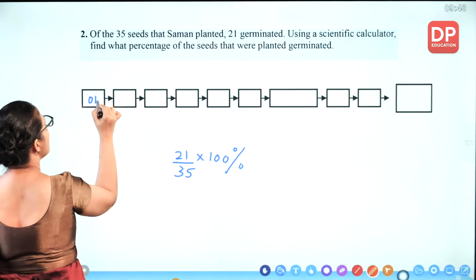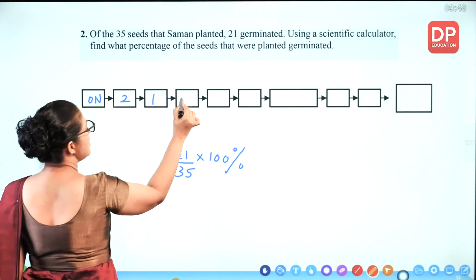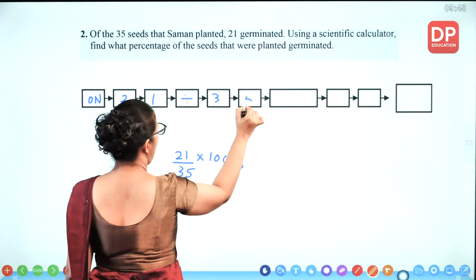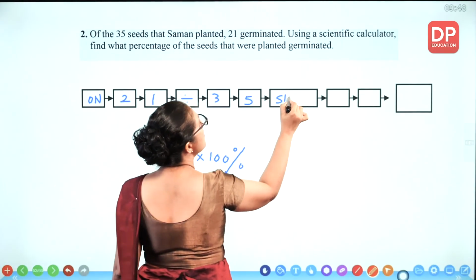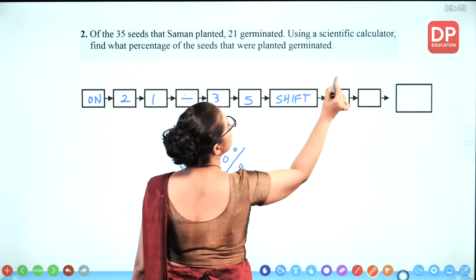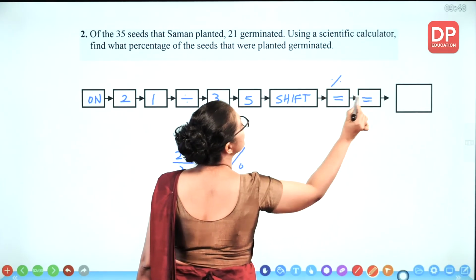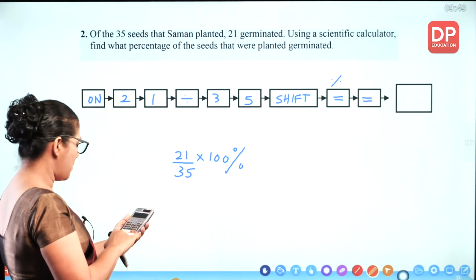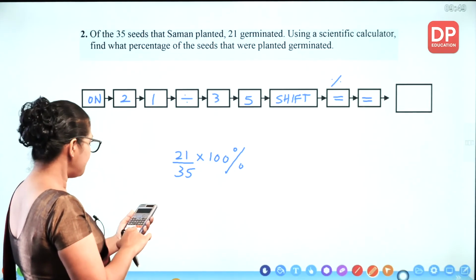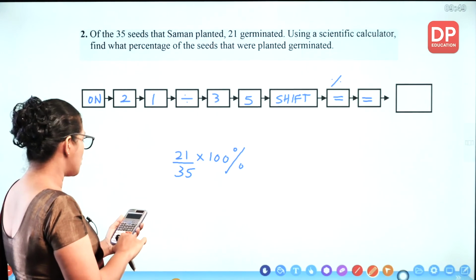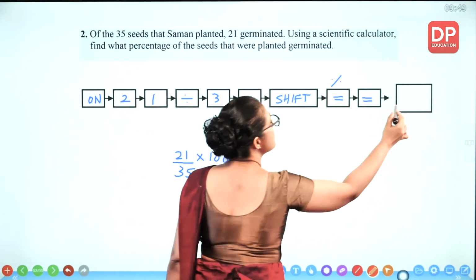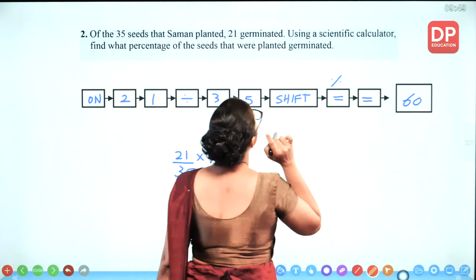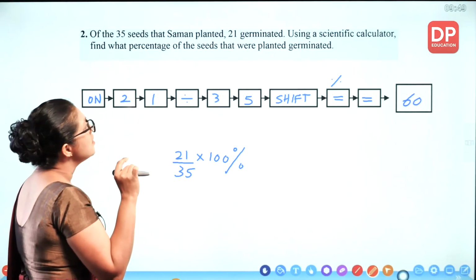So switch on the calculator. 21 divided by 35 and the percentage sign. 21 divided by 35 as a percentage, that's 60%. 60% of the plants germinated.